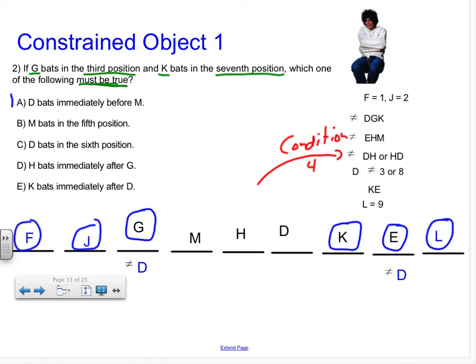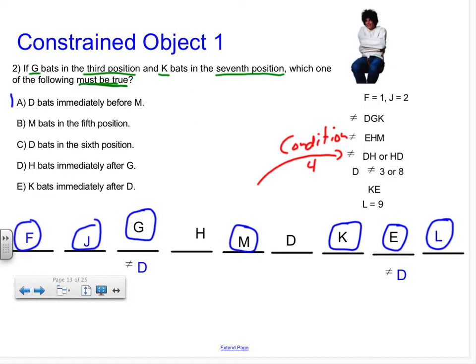And likewise, if we were to do the reverse, if we were to swap D with M, we'd again break condition 4 because H and D are beside each other. So we can also determine the hidden condition that M has to be in the middle. We can't move that one. So really all we have to play with are H and D.